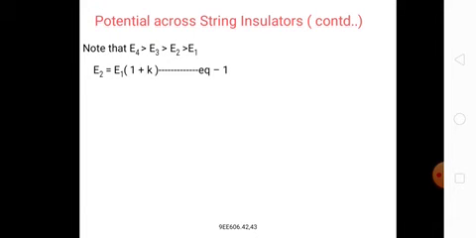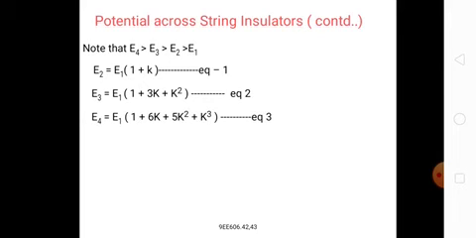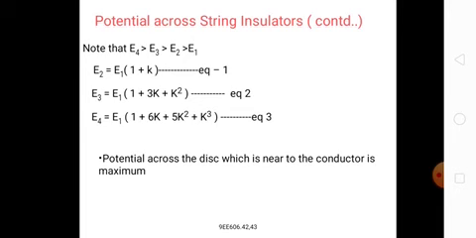So here, E4 is greater than E3, E3 is greater than E2, E2 is greater than E1. E2 is equal to E1 into 1 plus K, E3 is equal to E1 into 1 plus 3K plus K square, and E4 is equal to E1 into 1 plus 6K plus 5K square plus K cube.